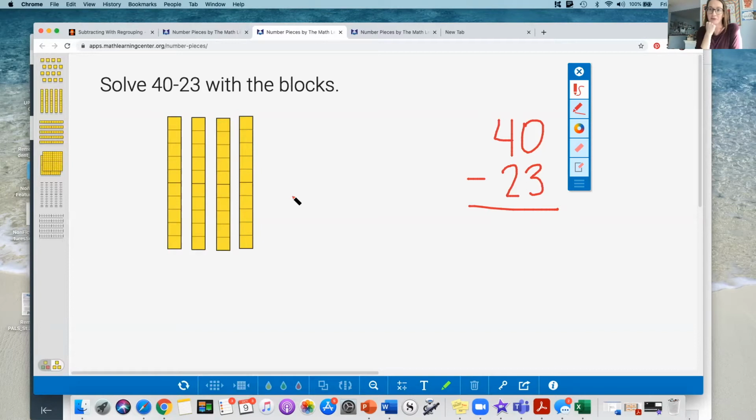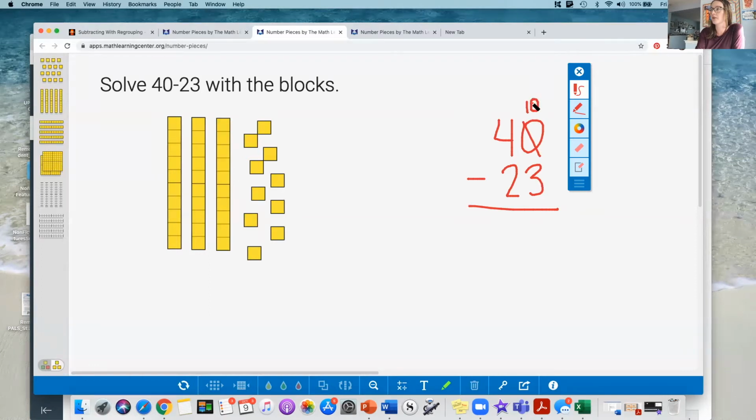What do I need to do? Yep, we're going to break this apart. Now, I have 10 ones. So I'm going to show that over here.